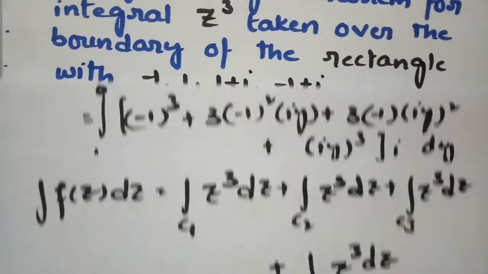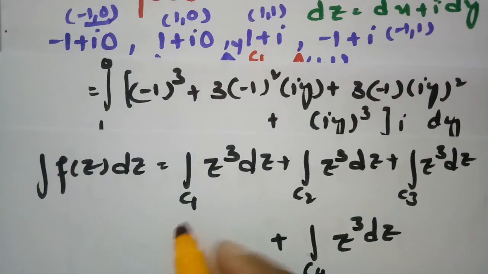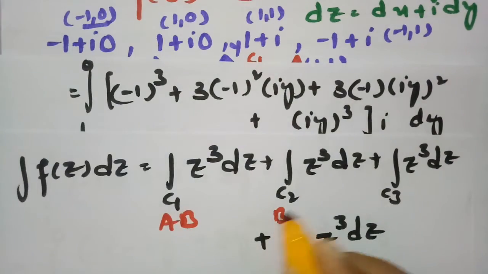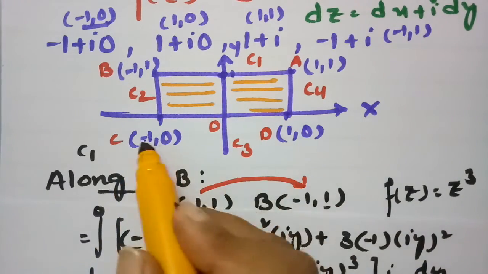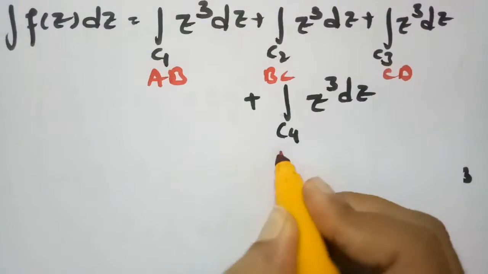So what is curve C1? C1 curve is nothing but AB, and C2 curve is nothing but BC, and C3 curve is nothing but CD, and this curve is nothing but DA.